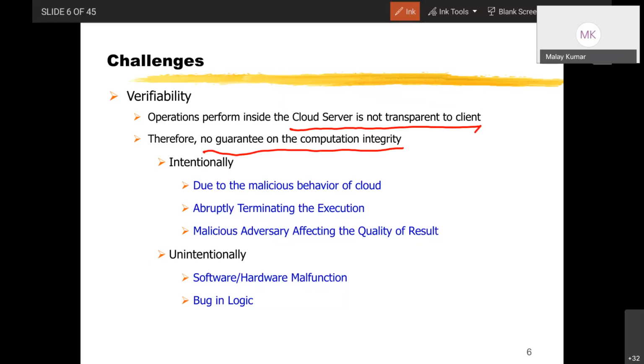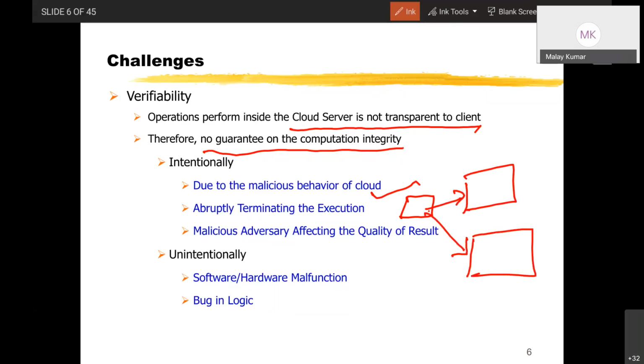The reason being, either intentionally, the cloud is producing a wrong result due to the malicious behavior of the cloud. Or it may be possible that the resource which is reserved for this computation is now allocated to some other high priority client. So rather than executing its computation, it terminated the execution and produced the result.